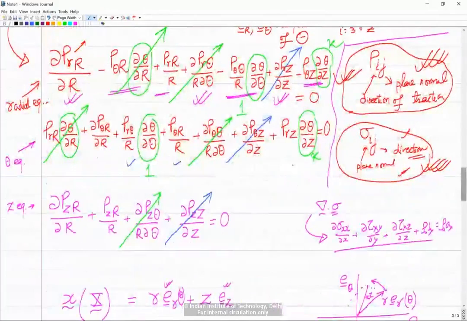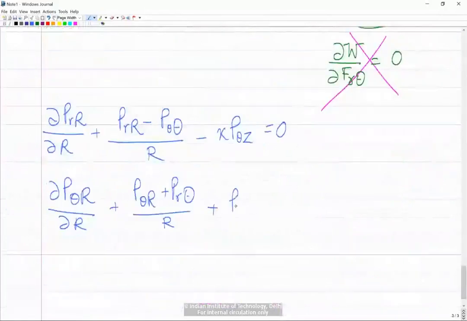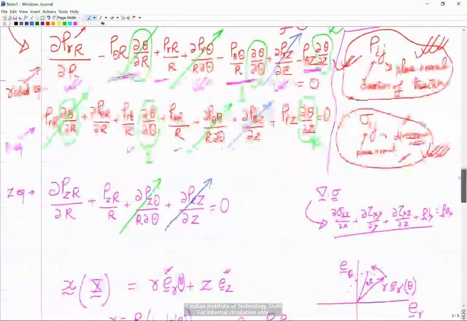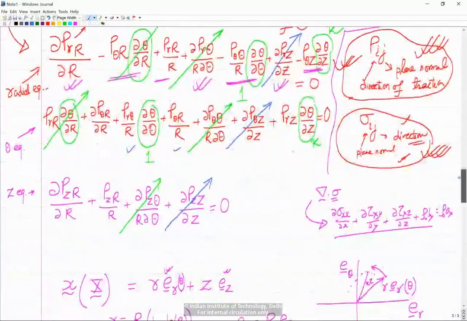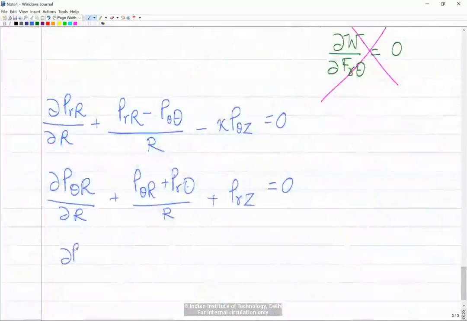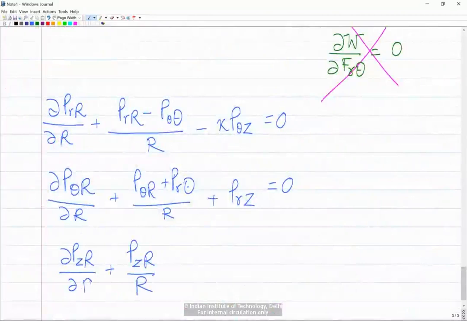The last one, that is P small r big Z. Then the Z equation. That's not hard. Del P small z big R over del Z is P small z big R. Sorry, this is with respect to R. So this is what remains finally.